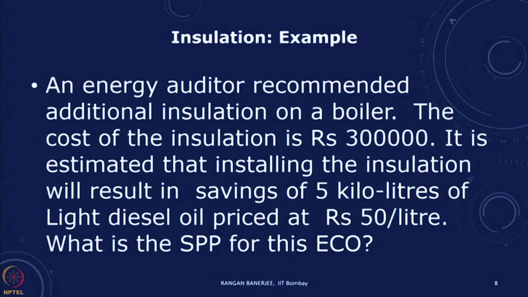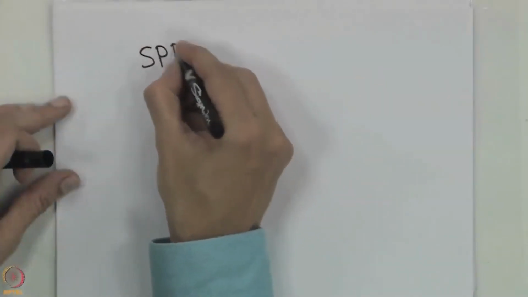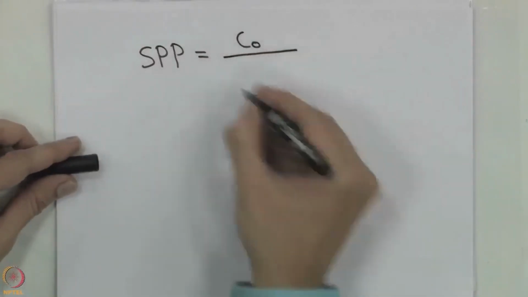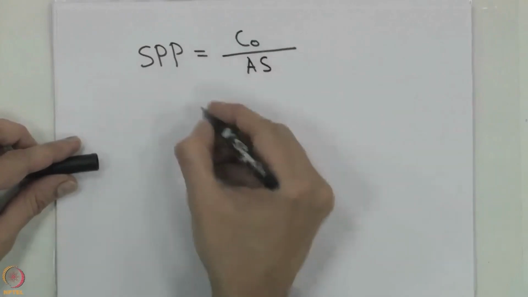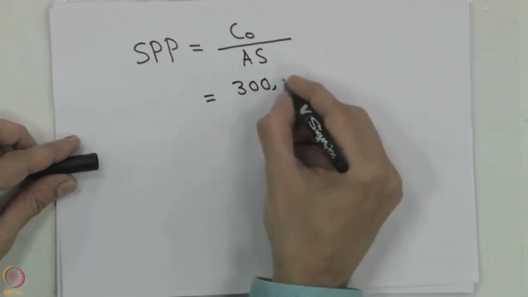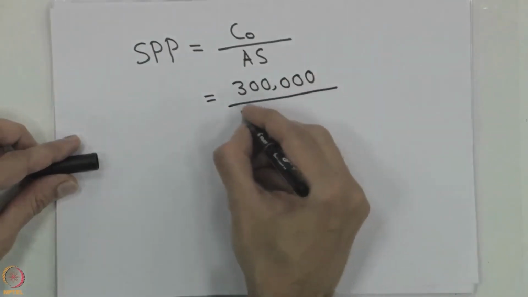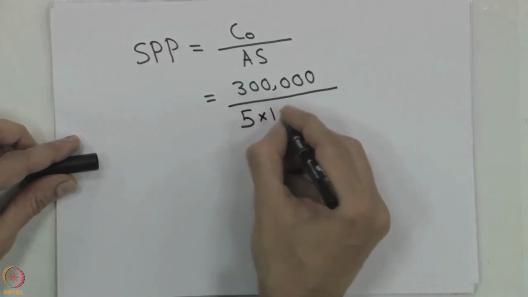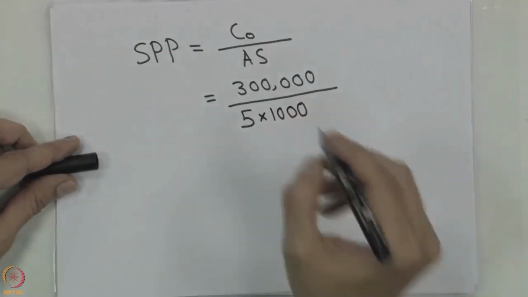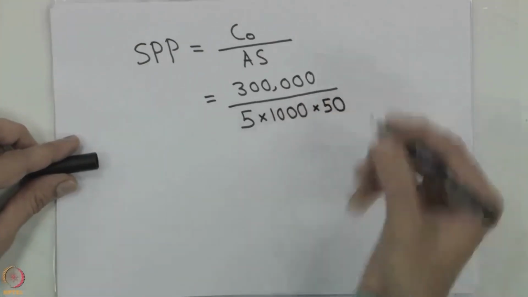You can do this. This is very straightforward. The simple payback period is the initial investment divided by the annual saving. The initial investment here is 3 lakhs, and the annual saving is 5 kiloliters, 5 into 1000, since 1 kiloliter is 1000 liters, and we are paying 50 rupees per liter.